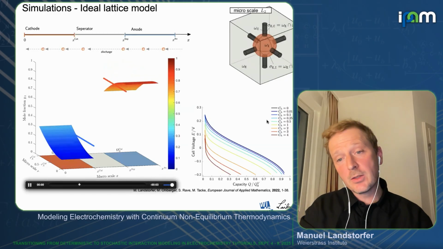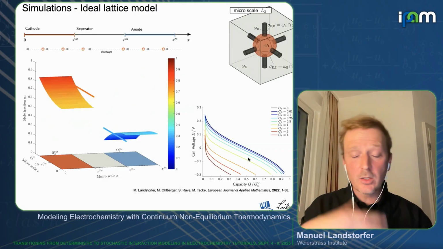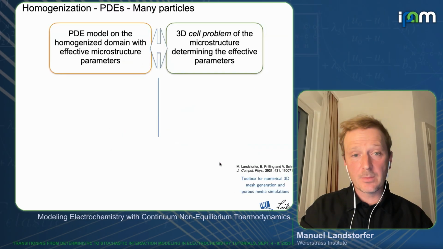For porous electrodes, you can already see that the C rate really gets far smaller compared to thin film cells. This is again just for validation steps.